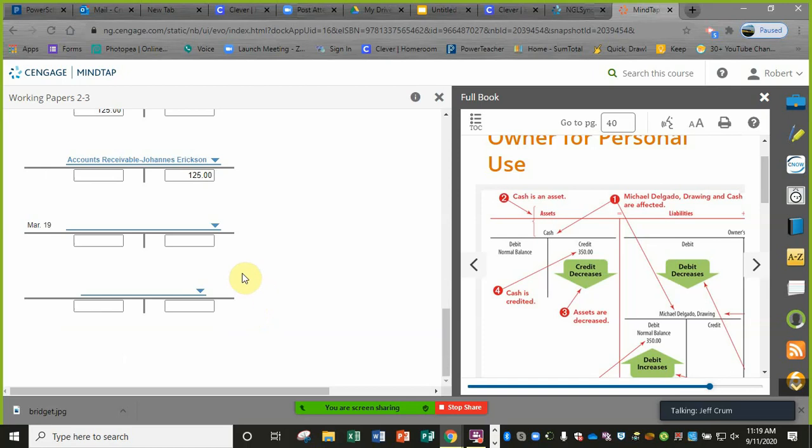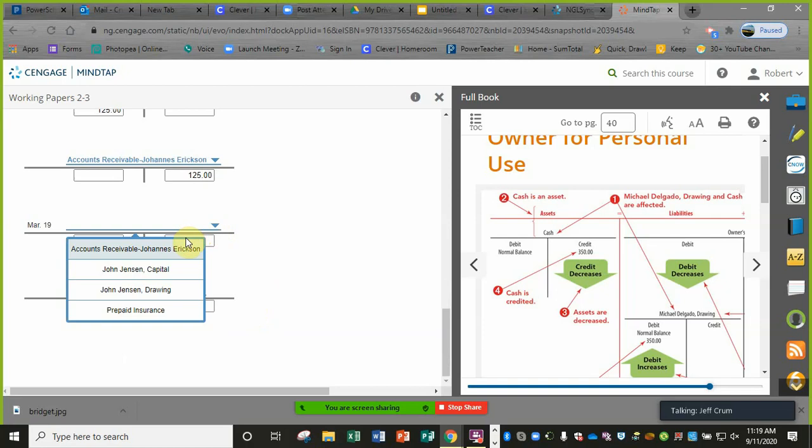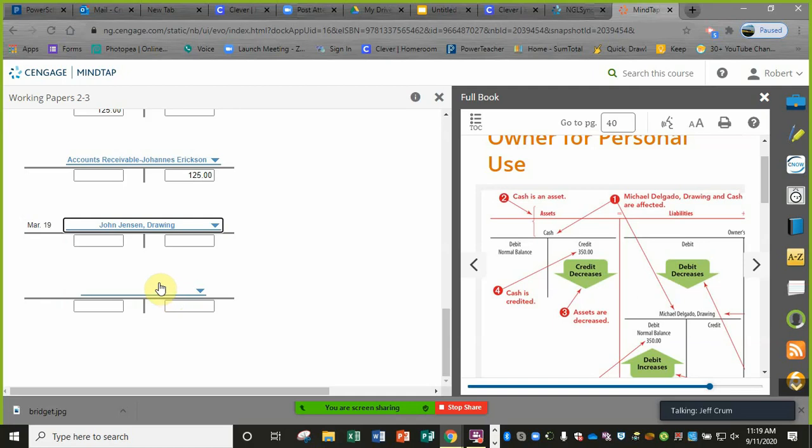Now we get to the money. Paid out cash to the owner. The owner's drawing account. So now we've got cash here. So, okay, that was a drawing account. Look at that drawing.